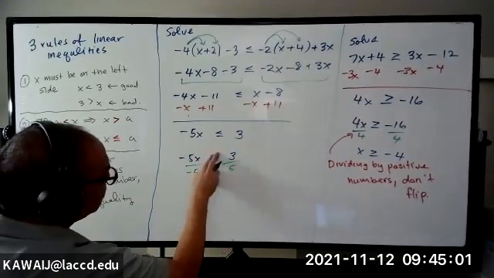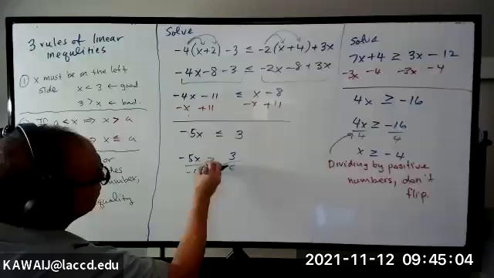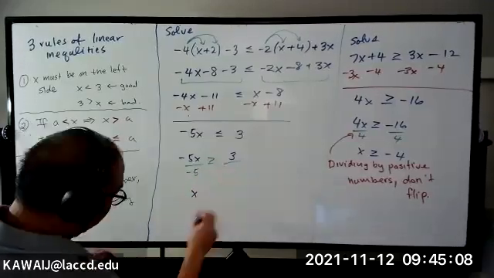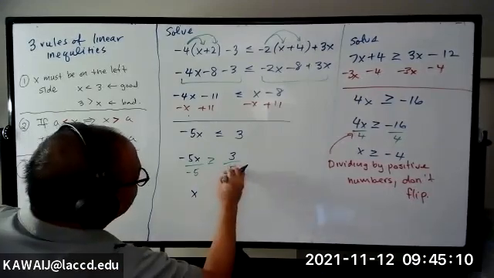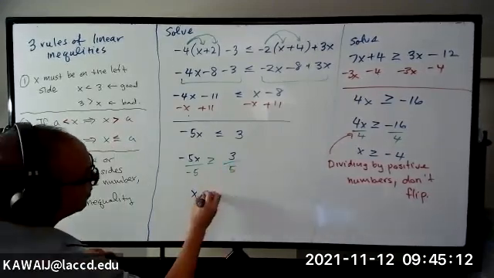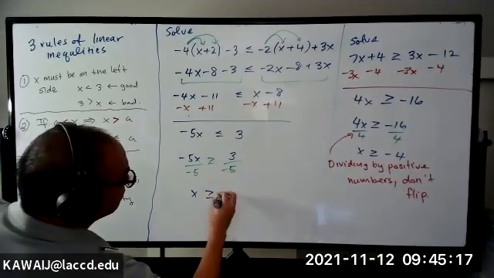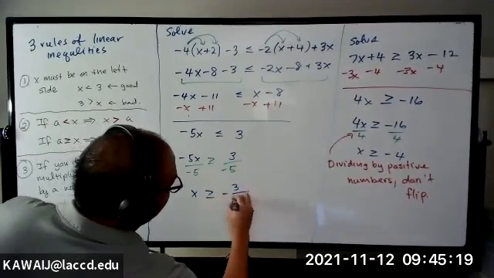Okay, now when we do that, that'll make this flip. And then we get x is, oh, that should be a 5. It was a 5, it just doesn't look like a 5. Greater than or equal to, oh, that's negative. Negative 3 over 5.